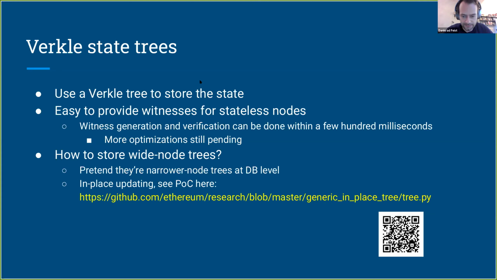As an example, if you go to the 2 to the 20 keys tab, where 1 million keys are inserted with a width of 256, then the time to generate a proof of 1,500 keys is 3 seconds, and checking this proof was about half a second.